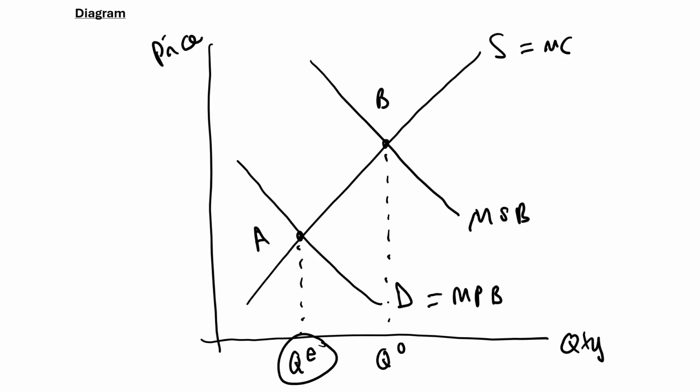In other words, society would benefit if people consumed more of this good than they otherwise would in a free market. So in the market, consumption happens at QE, where the private benefit equals cost, but the socially optimal consumption, where the total benefit to society equals the cost, is QO, which is the higher level of consumption.